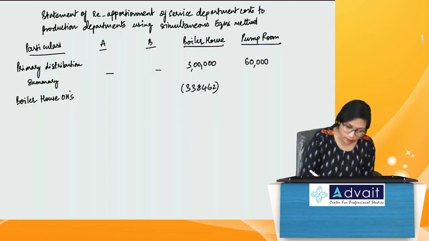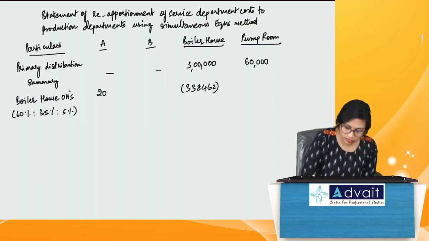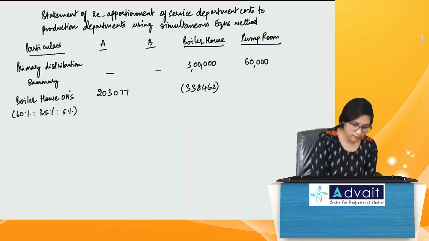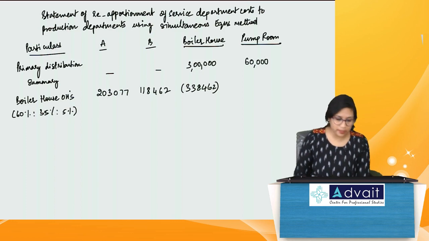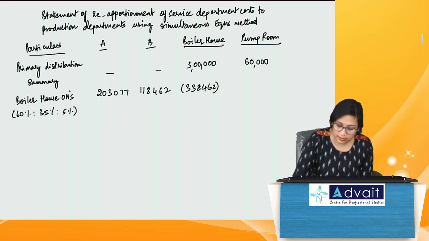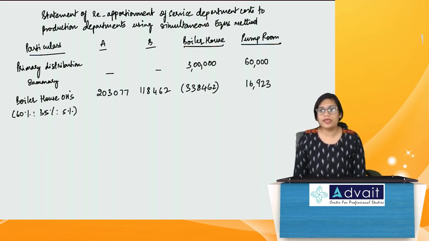So let's calculate how much is going where. 203,077 goes to department A. 118,462 goes to department B, and pump room is going to get 16,923.